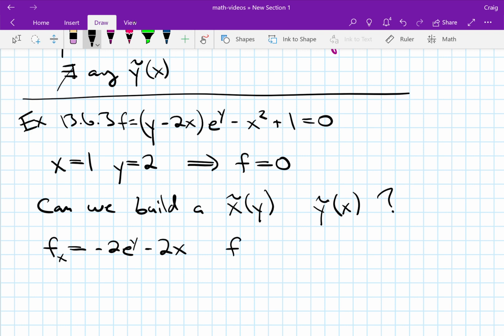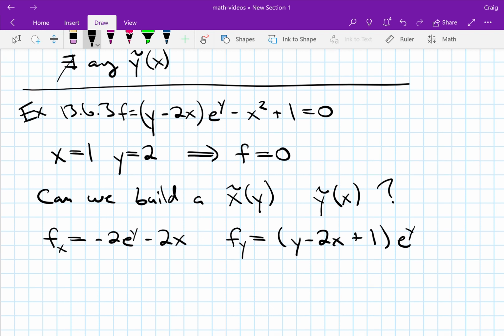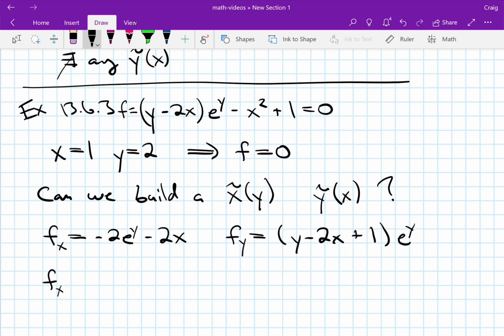And if I look at the y partial, it is y minus 2x plus 1 times e to the y. And if I evaluate f_x at (1, 2), so x is equal to 1, y is equal to 2, minus 2 e to the 2 minus 2. So that's not equal to 0.